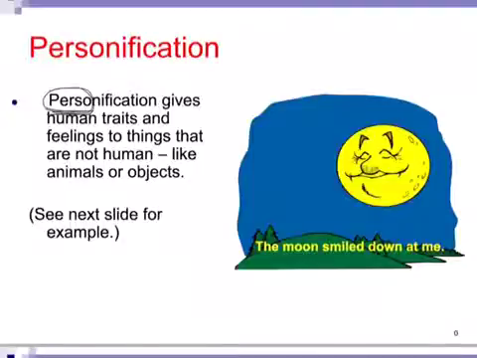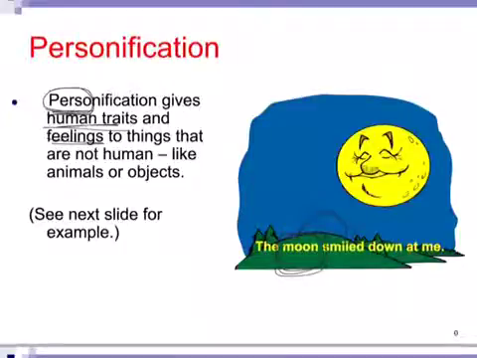So the example here is the moon smiled down at me. So it's using the moon, which is not a human, and the moon cannot actually smile. So it's giving a human trait or a feeling to something that is not human.